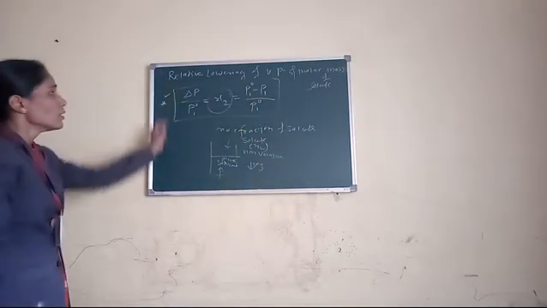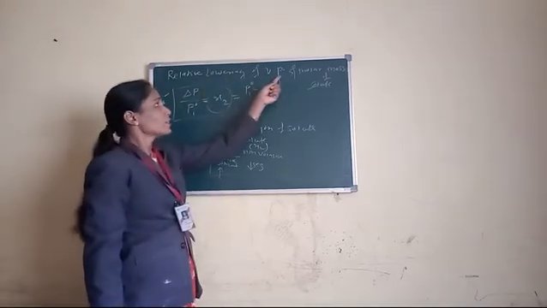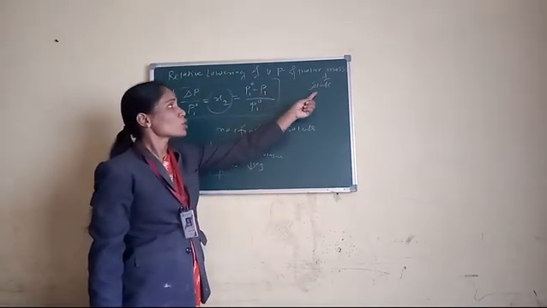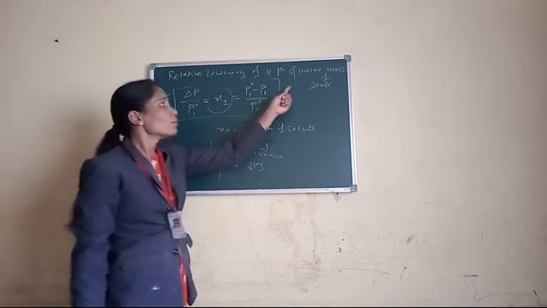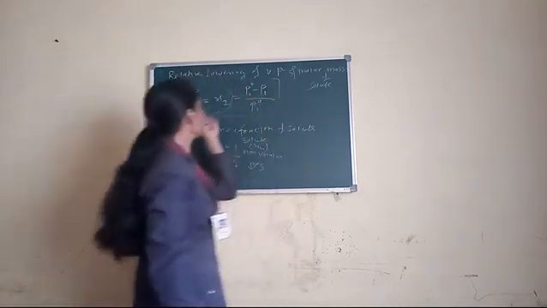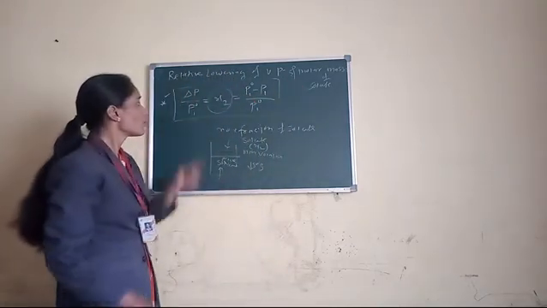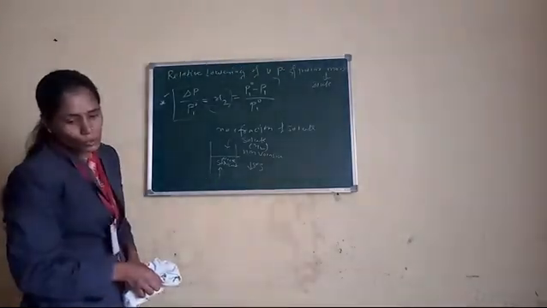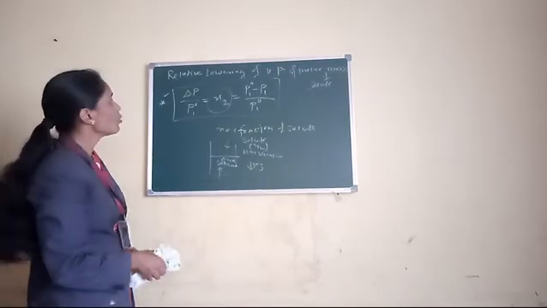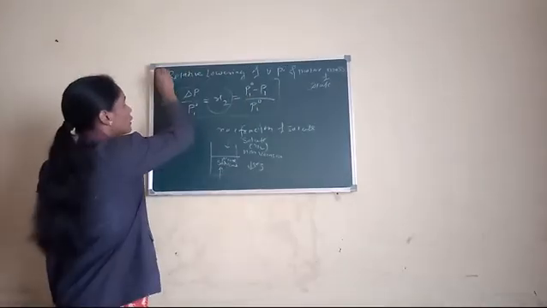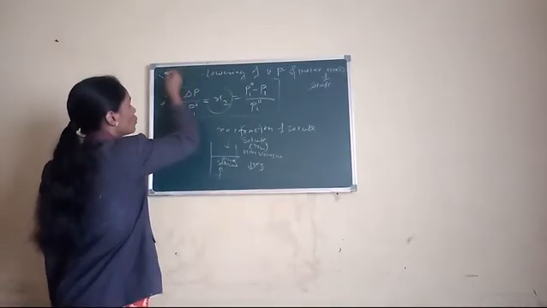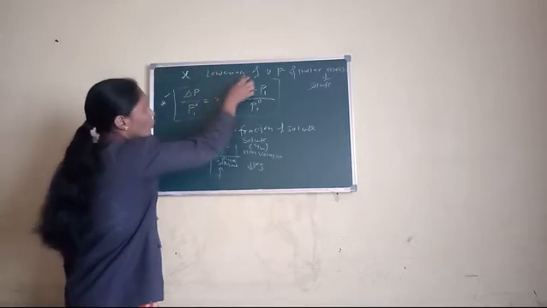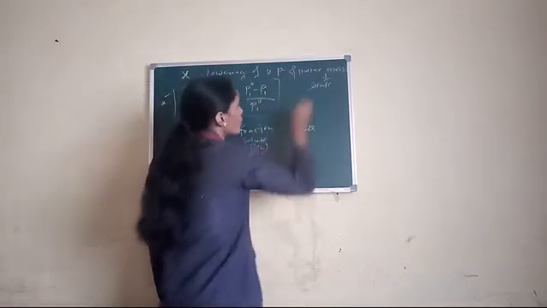Next point is lowering of vapor pressure and molar mass of solute. For this explanation, this formula is important: molar mass of solute from relative lowering of vapor pressure.